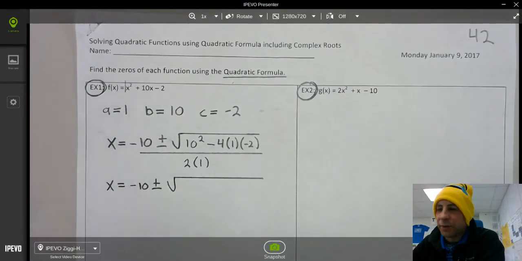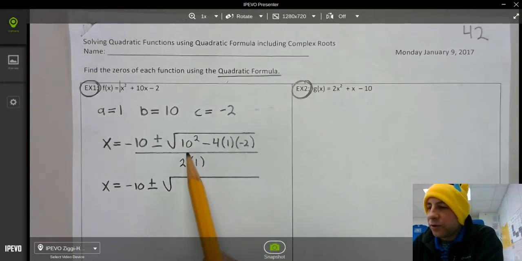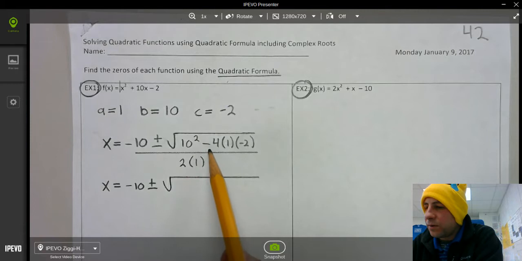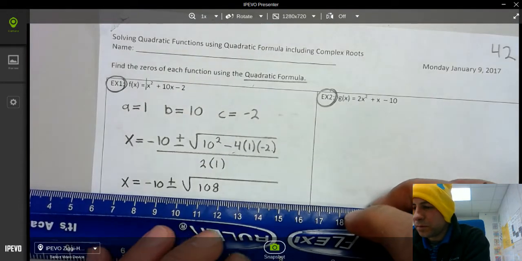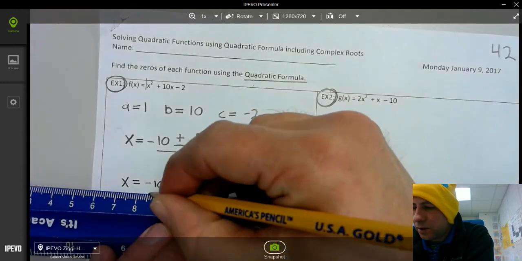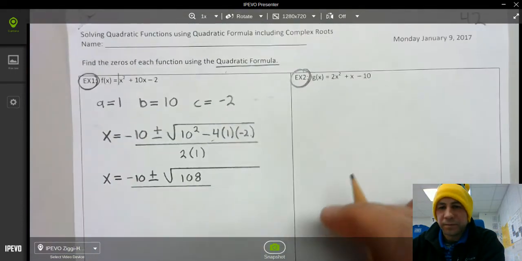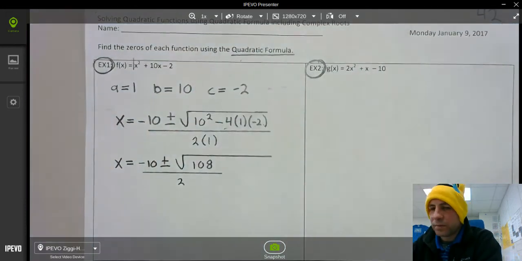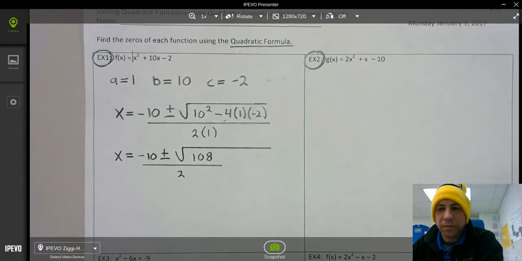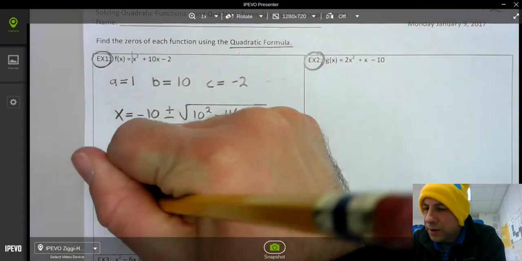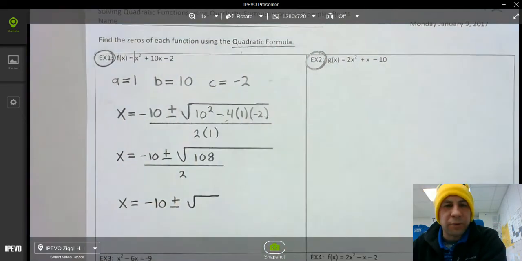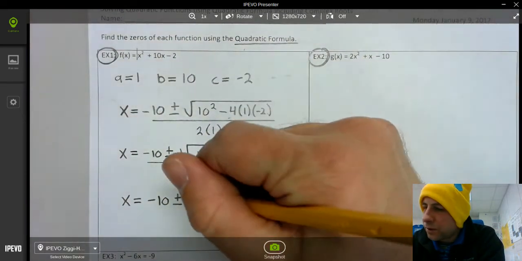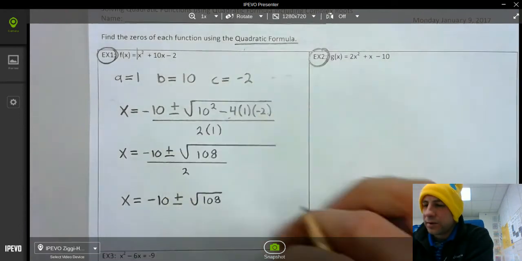All right, and so you can use a calculator, but I think we can do this. 10 squared is 100, and then negative 4 times negative 2 is positive 8, so that's 108, divided by 2. And so then you get x equals negative 10 plus or minus the square root of 108. I don't believe the square root of 108 is a perfect square, so we're just going to leave it like this.